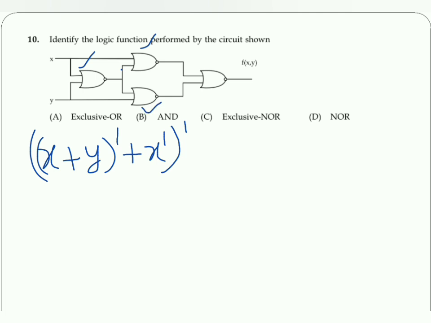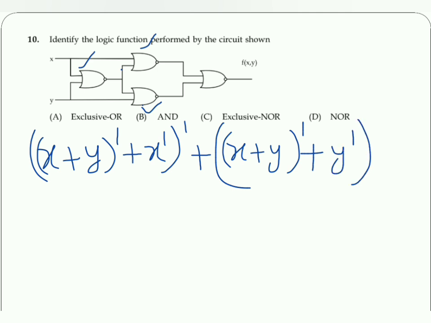Next, for this gate, we are performing the NOR of these 2 gates, giving x plus y dash, whole dash plus (x plus y) whole dash plus y dash whole dash.